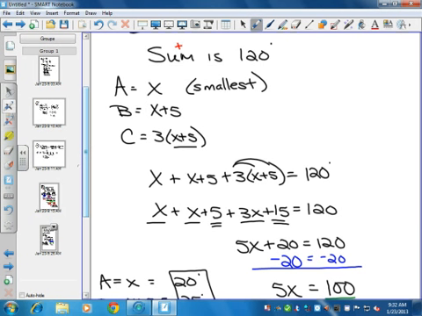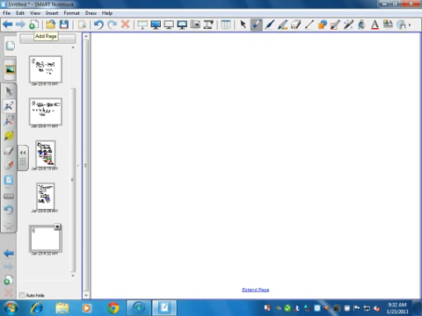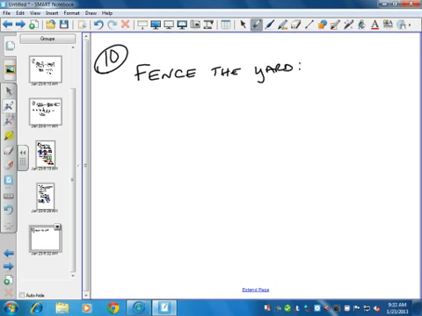Now, the one we were talking about earlier that had a unit change involved with it. We're going to take a look at one of those. This one is number 10. Okay, so they want to fence the yard. But it's not just go ahead and put up a fence. She's got some criteria.